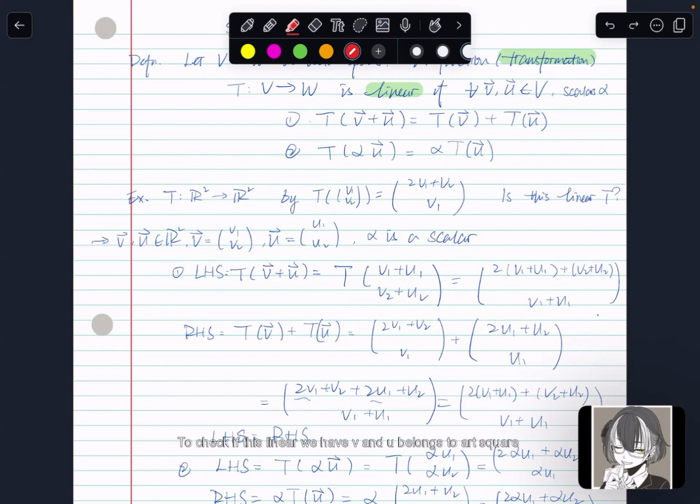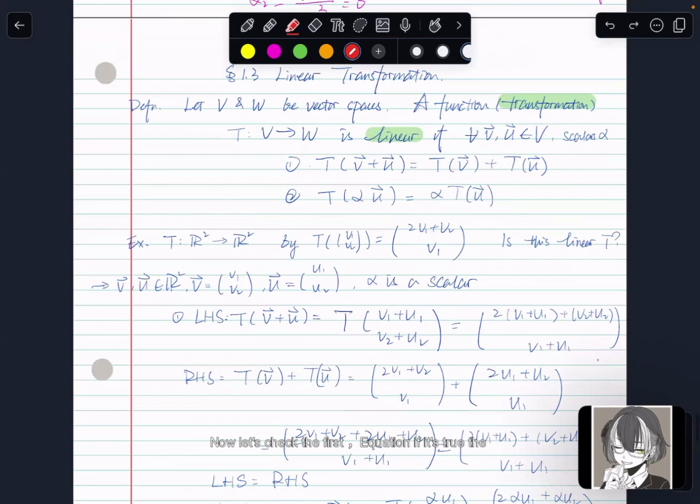To check if this is linear, we have V and U belonging to R squared. Let's define V to be (V1, V2), U to be (U1, U2), and define alpha to be a scalar.